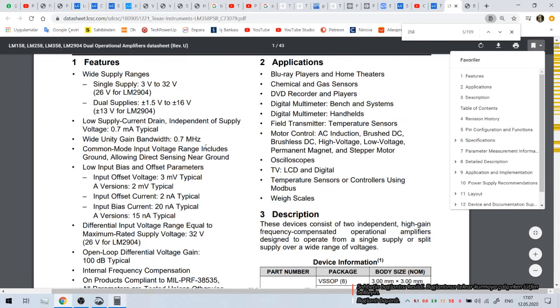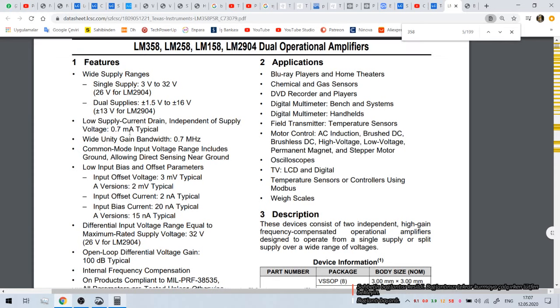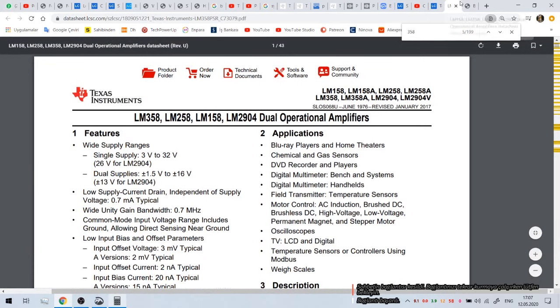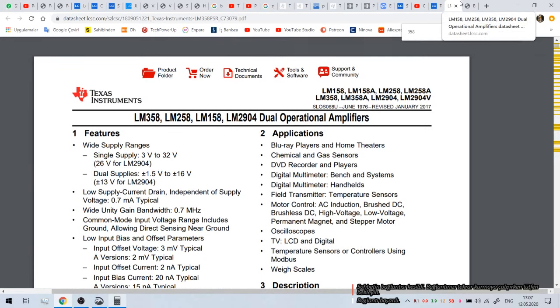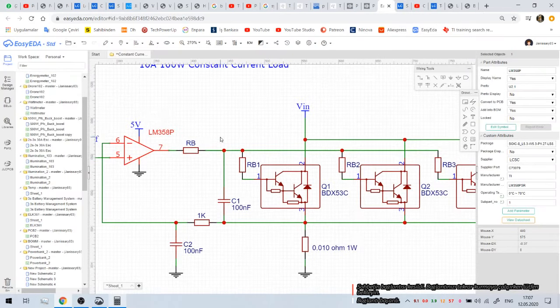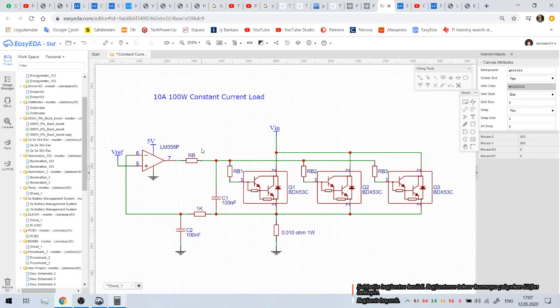And as you can see, 0.7 milliamp current consumption, quiescent current consumption. Yes, so that, and if we use 5 volts and if we want, what can I say?